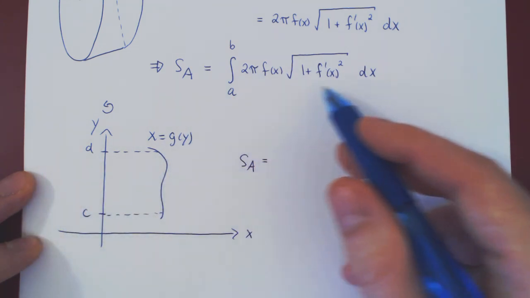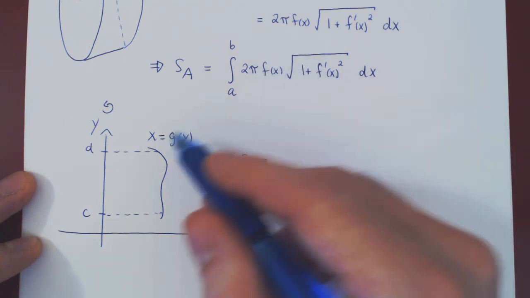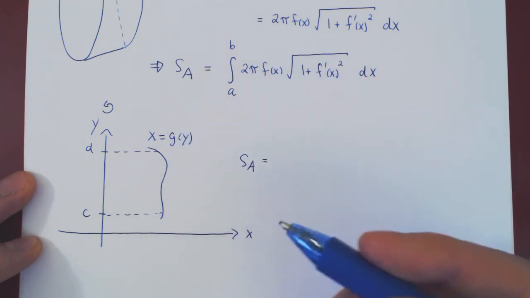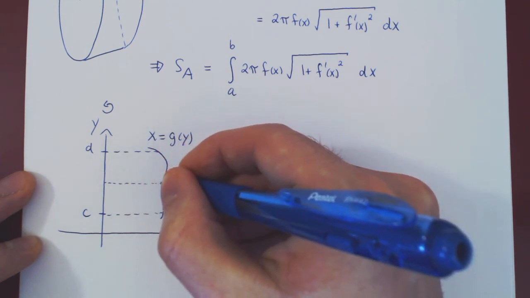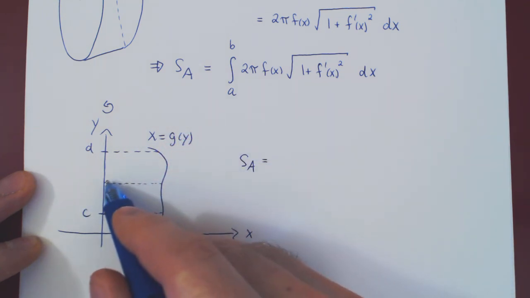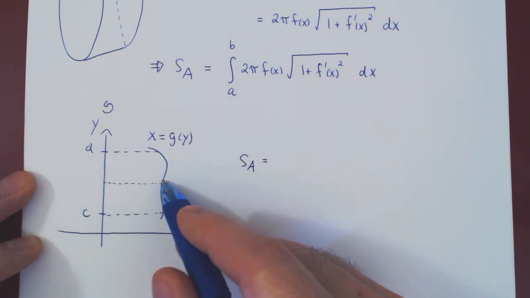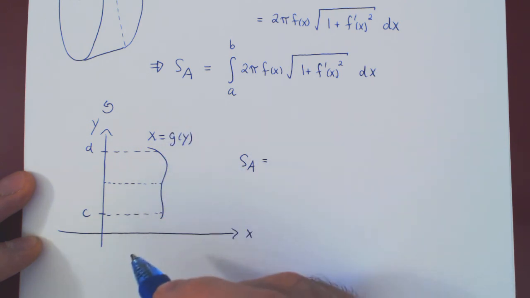Well, it's basically the same thing now, but instead of f of x, it will be g of y. As we can see, the radius of an infinitesimal shell will be the length of this segment, and this is, of course, g of y.